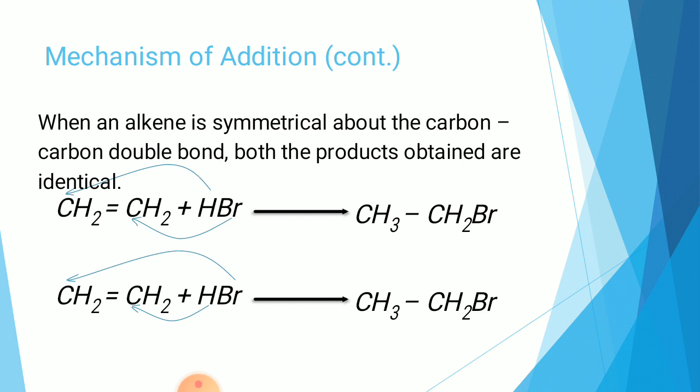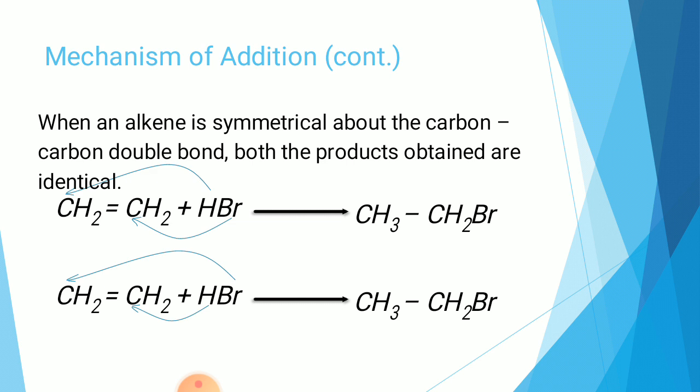See here, in the first reaction, ethylene CH2 double bond CH2 is a symmetrical alkene, the arrangement across the carbon-carbon double bond is symmetrical. When it interacts with hydrogen bromide, in the first reaction the hydrogen attacks the first carbon atom, and the bromide ion attacks the second carbon atom.